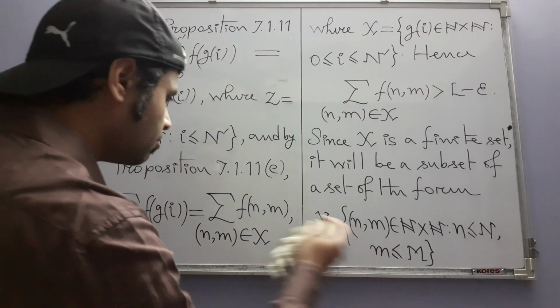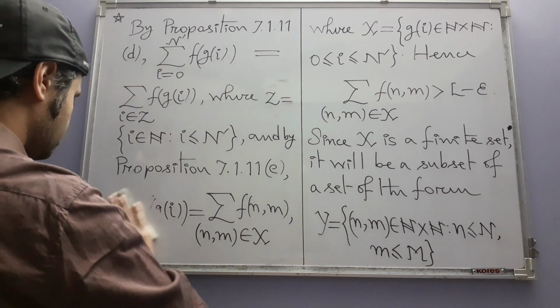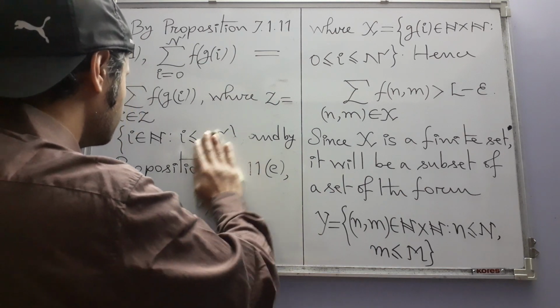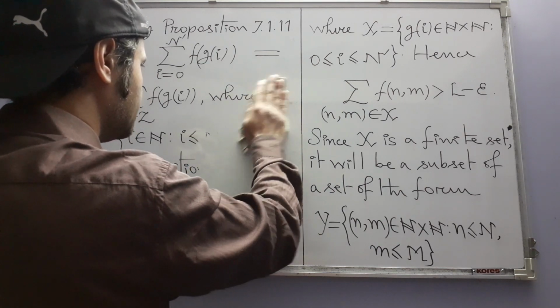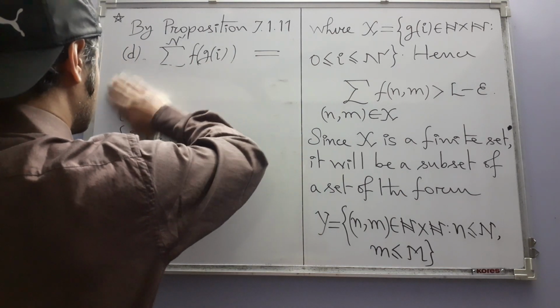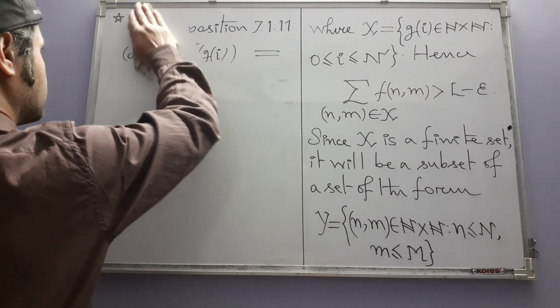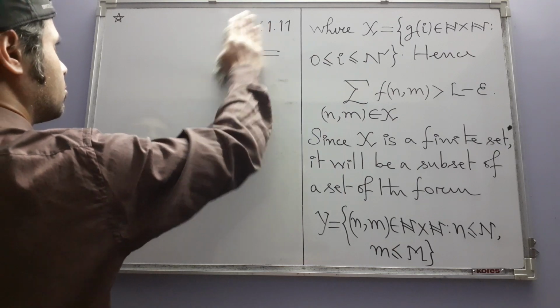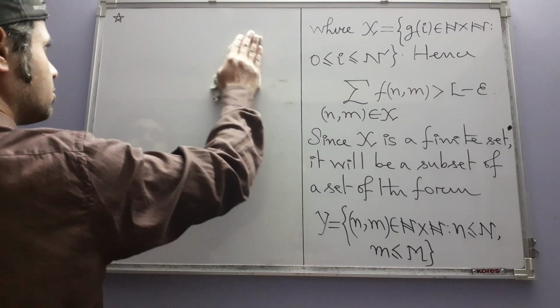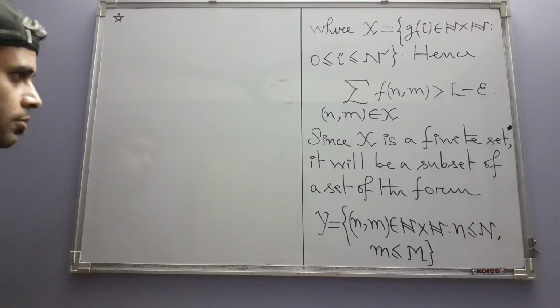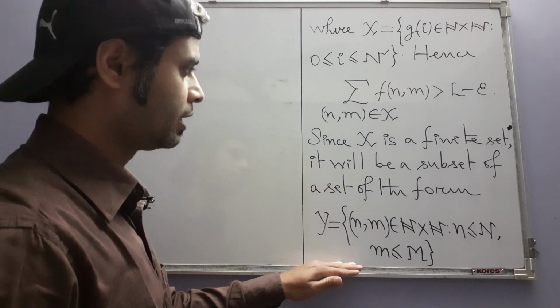But the question is why? This part is left out by the author, and I will also leave it out to you with a hint. Let me see if you can prove this. So we have made a statement here, no?